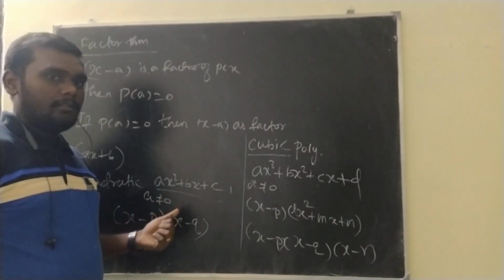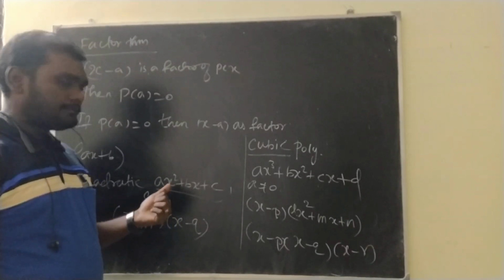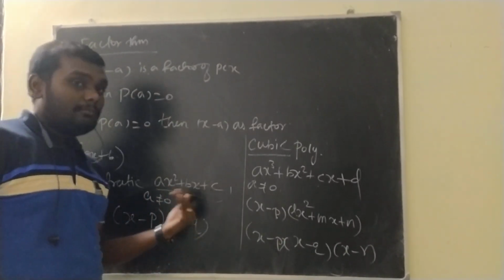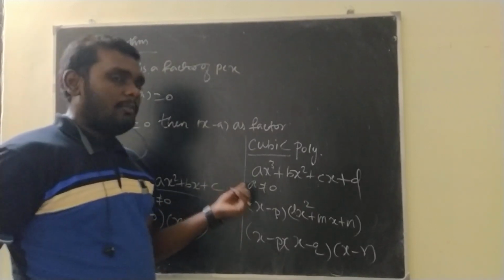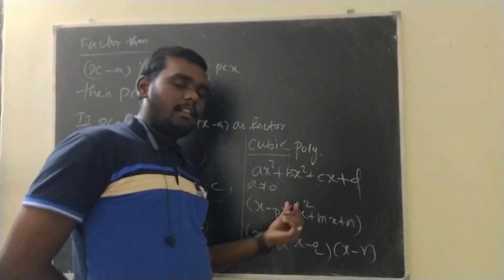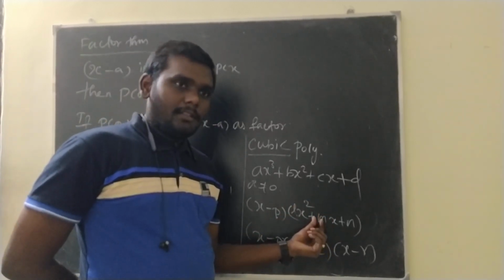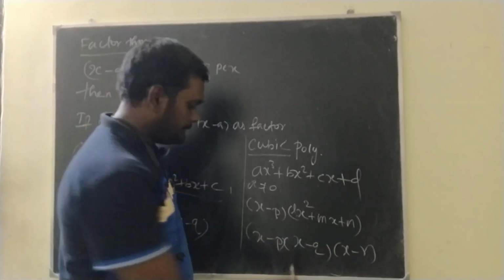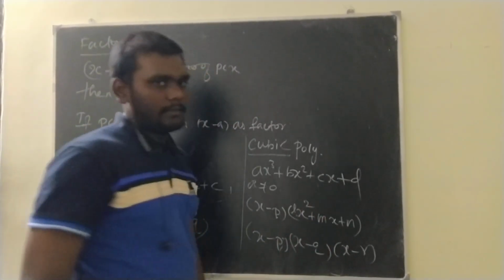The quadratic polynomial can be factored as product of 2 linear factors. We don't know which is which, but we have methods to find that. Cubic polynomial can be represented as product of a linear factor and a quadratic factor, and again that quadratic factor can be separated into linear factors.